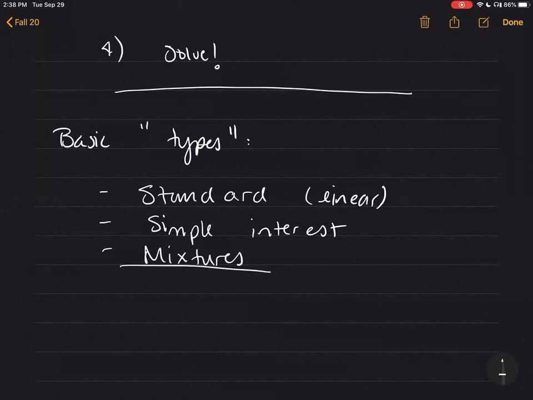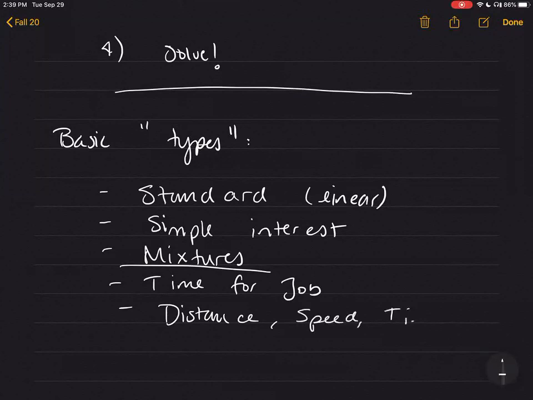And then in the next video, we'll also see time needed for a job and distance, speed, and time problems. So these are the basic categories of word problems that we'll be covering in this course. You can bear that in mind and let that help you figure out how to solve specific word problems. All right, so let's jump in to actually solving some.